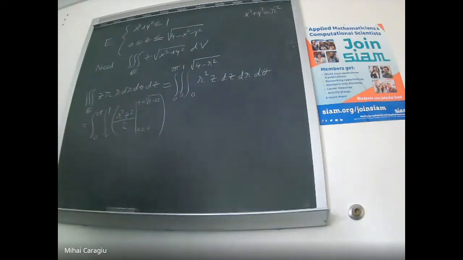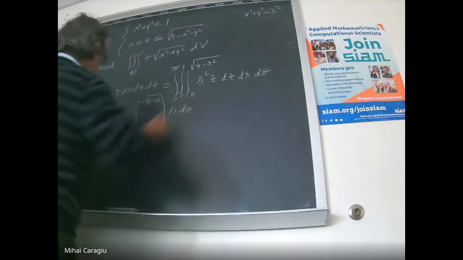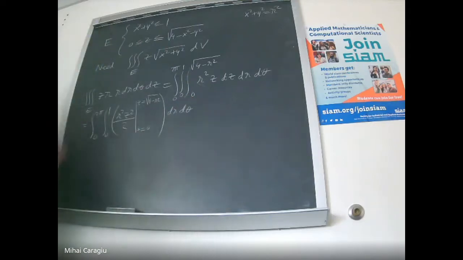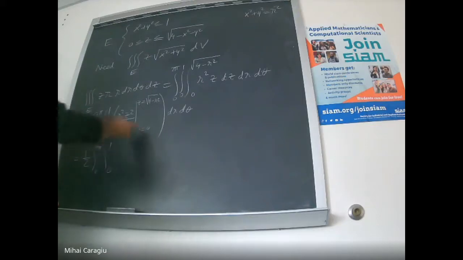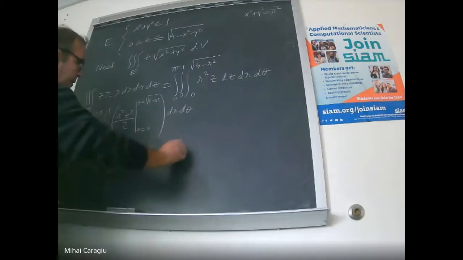And then we integrate dr d theta, with theta last. Let's put 1 over 2 in front of the integral. When z is 0, it is 0. So what matters is z equals square root of 4 minus r squared, giving r squared times 4 minus r squared dr and then d theta.